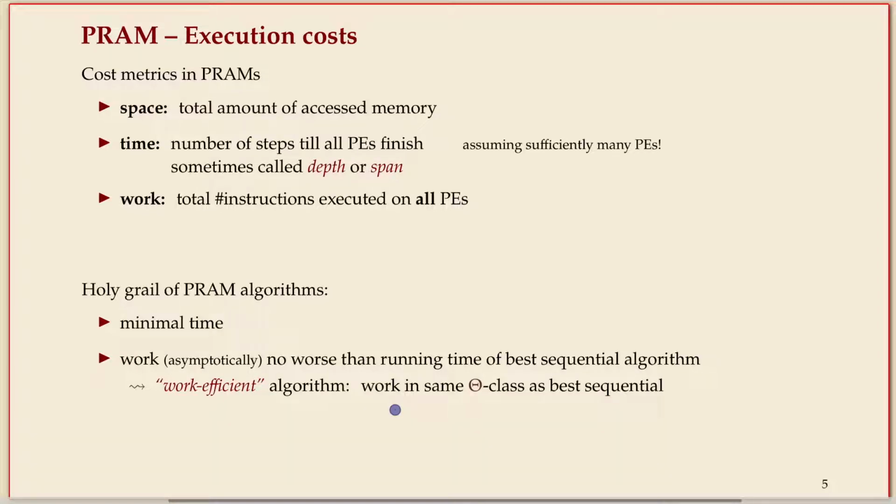In the usual way, we usually think about the worst case and so on. You take that theta class, that's your goal for the work of your parallel algorithm. Then it's supposed to spend at most a constant factor more total effort, but somehow squeeze that in time so that it can be run in parallel on several processing elements. Okay? Do the three things make sense? Space, time, and work, or space, span, and work?